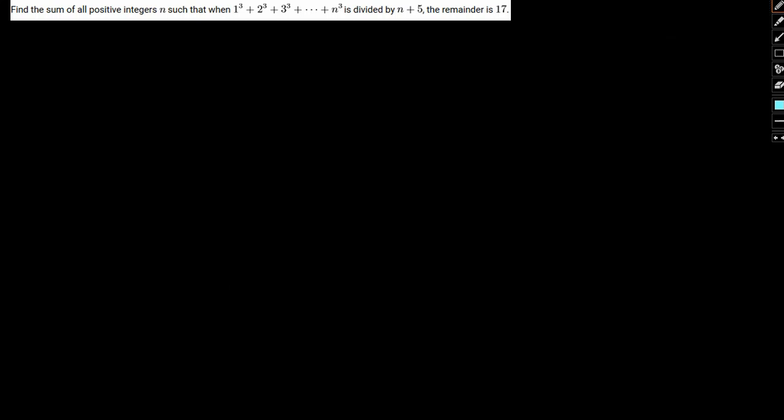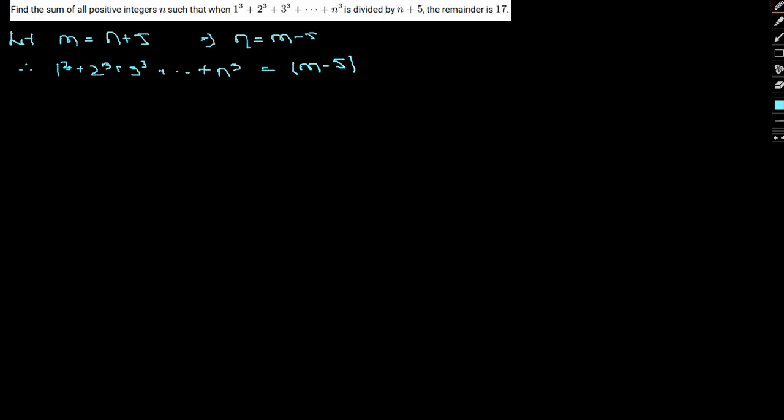Suppose let me take m equal to n plus 5. So therefore n will be equal to m minus 5. Okay, so here we have 1 cube plus 2 cube plus 3 cube plus dot dot dot plus n cube. We can write it as (m minus 5) square (m minus 4) square by 4.